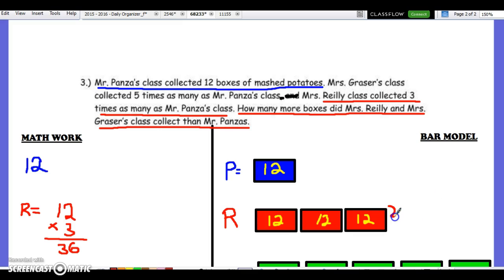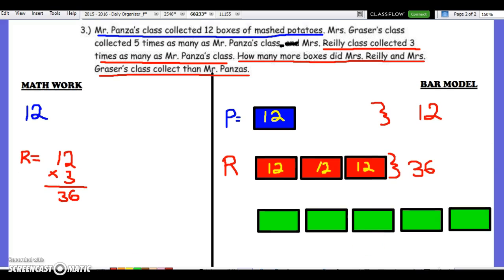So this mustache here would tell me that Mrs. Riley's total is 36, and Mr. Panza's total so far doesn't change. That's what we knew. It's our base bar model, 12. Now I just need to solve for Mrs. Grazer's box. For Mrs. Grazer, I create green, and I go back into the question. Mrs. Grazer's class collected 5 times as many as Mr. Panza's class, which is why there are 5 boxes. And we know from the equation above that in each individual bar, there are 12.